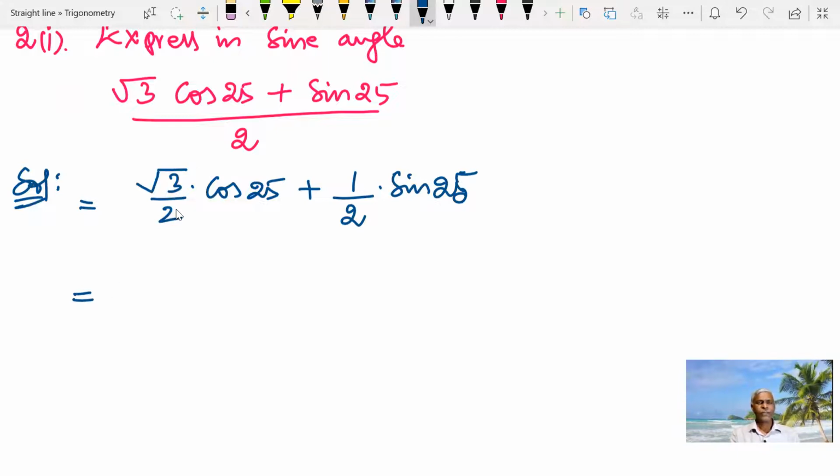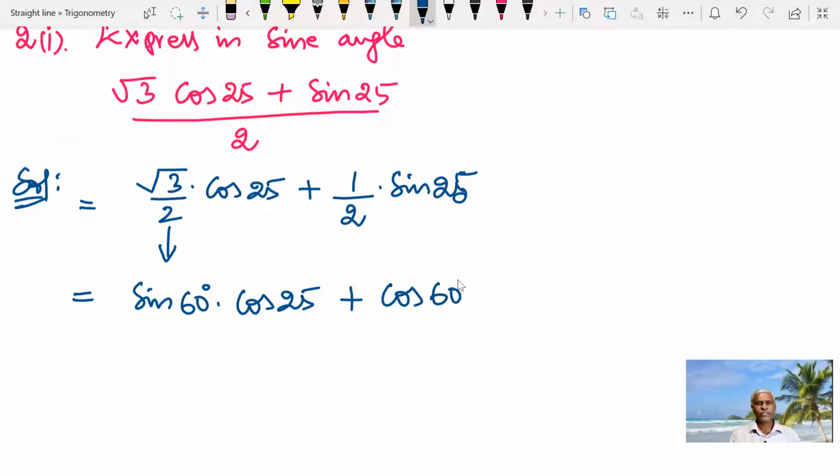For √3 by 2, I am writing sine 60 degrees, and for 1 by 2, cos 60 degrees.